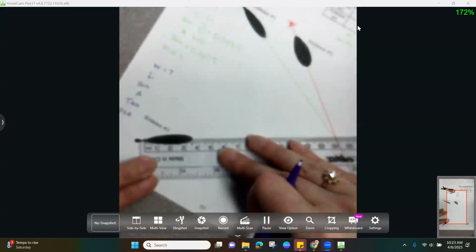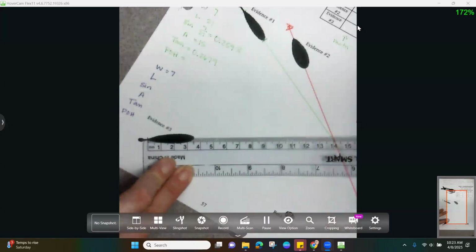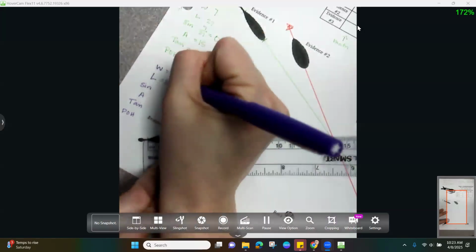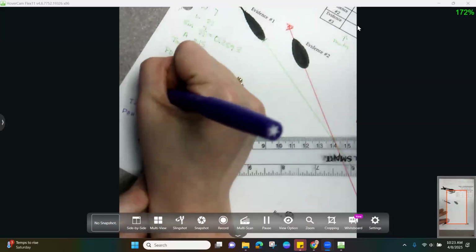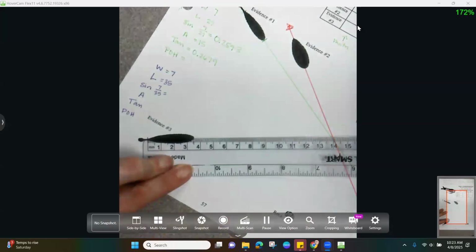Length of this blood drop is 35. Sine is width divided by length. 7 divided by 35 gives you a nice solid number.